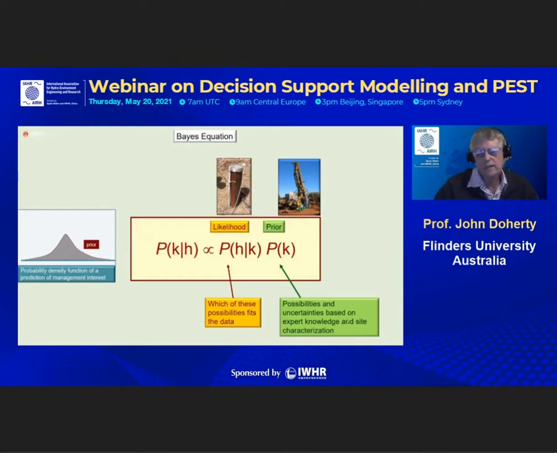Hydraulic properties that we know or that we know probabilistically can be reflected in a model's parameters. Those parameters can be adjusted until the model is able to replicate what we can measure of system behaviour. And in so doing, we're assimilating the information content of those measurements.